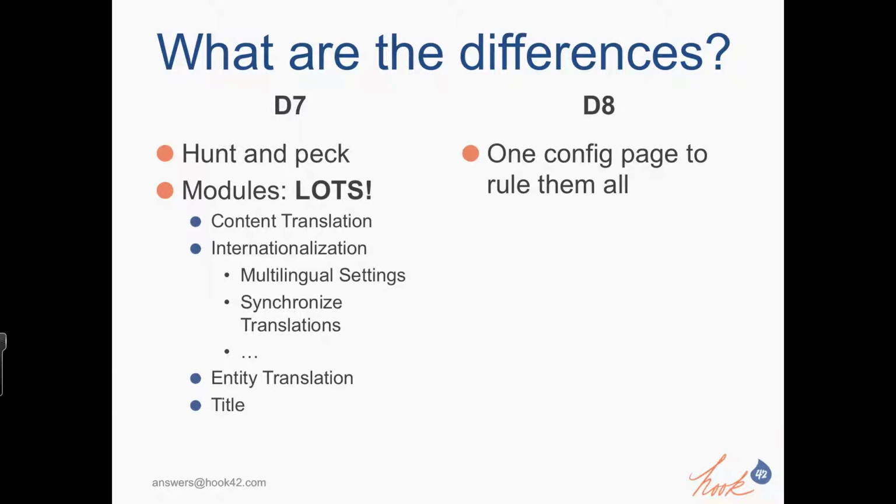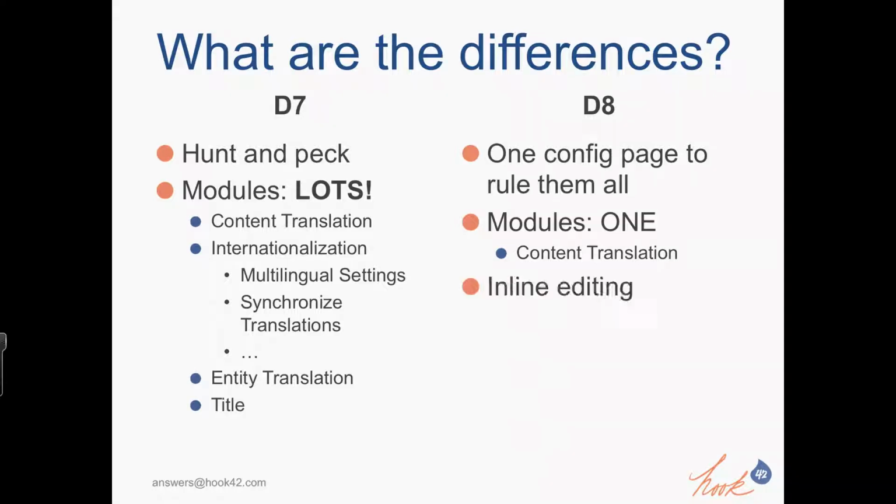But in D8, you have one config page to rule them all, right? You don't have to go everywhere to find your configurations. You have one module, not many modules. And it's not even one suite of modules. It's one module, one button, one checkbox to enable to turn this on. It's called content translation. Also, you can have inline editing. Who's familiar with Drupal 8?